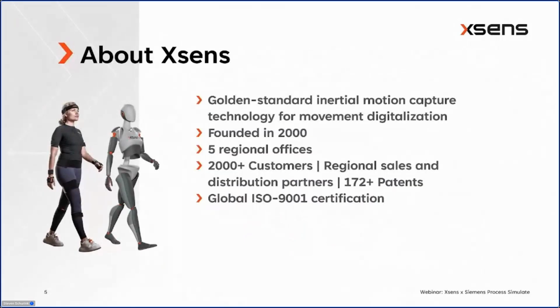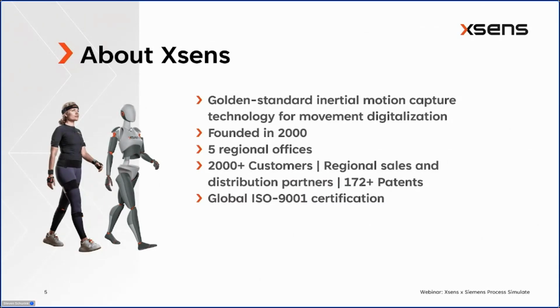So for those who are not familiar with Xsens, a short introduction. Who are we? Well, we're a company that creates motion capture technology with inertial sensors for movement digitization. We've been doing that for 25 years now, and with 5 regional offices and customers around the world, we operate globally.